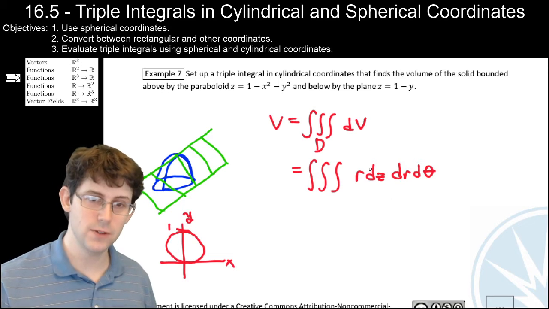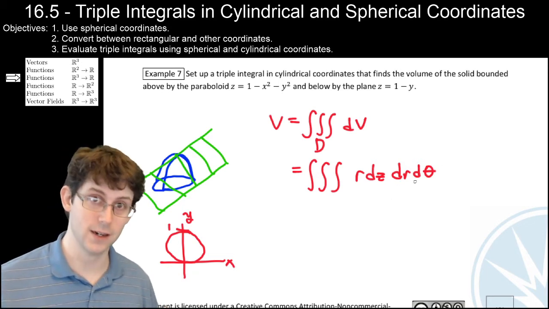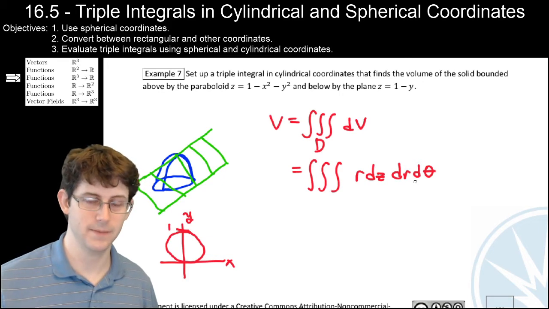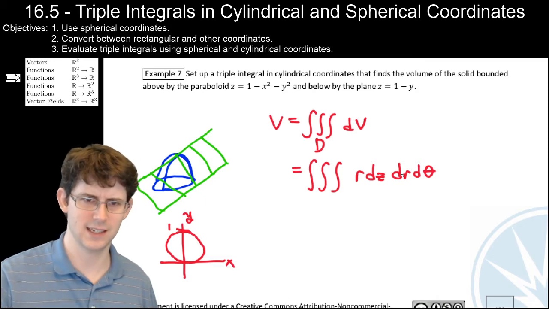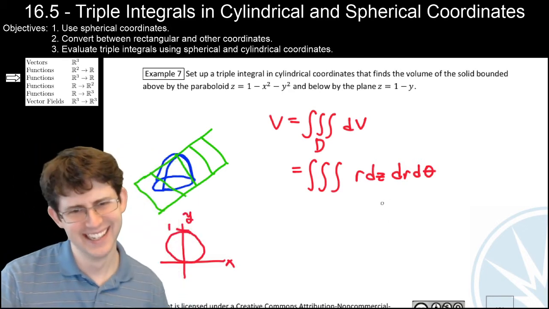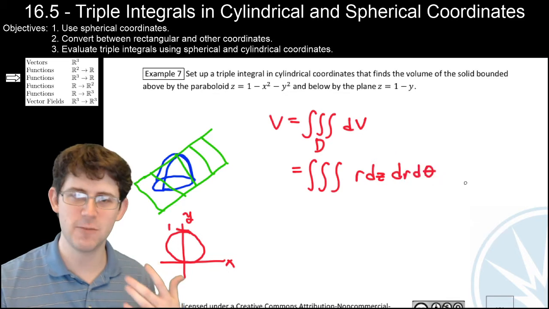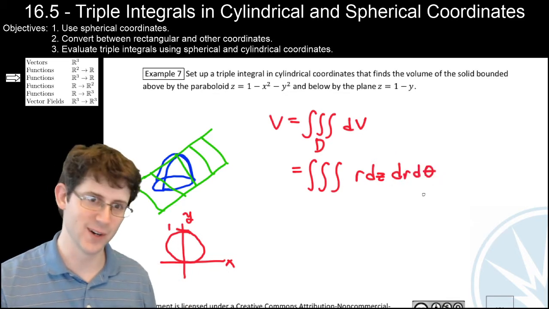If you choose an order and you end up not being able to do the integral, you need to choose a different order. I think I'm wrong here. I don't think this is a nice order. Is it? No, this is fine. Basically, just keep your mind open about whether you like your order or not.